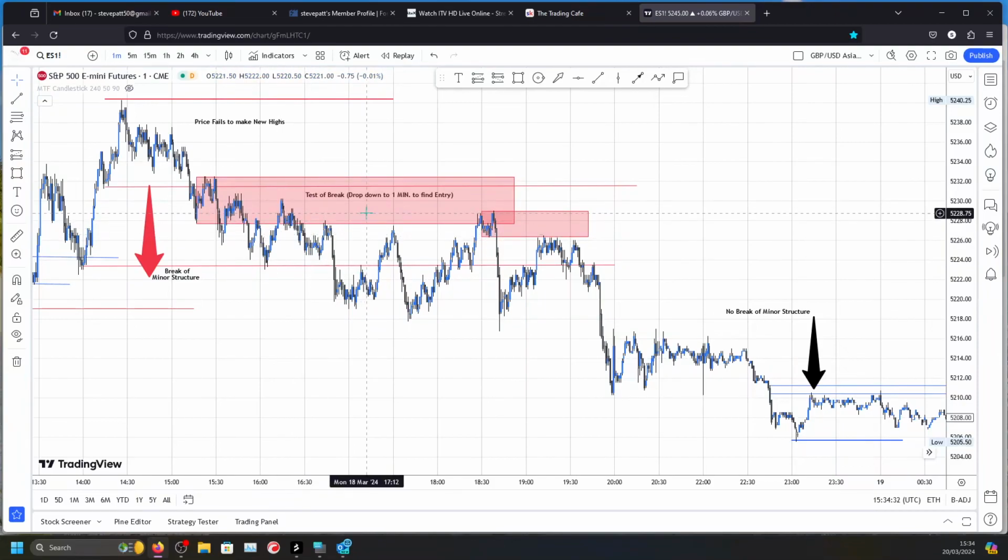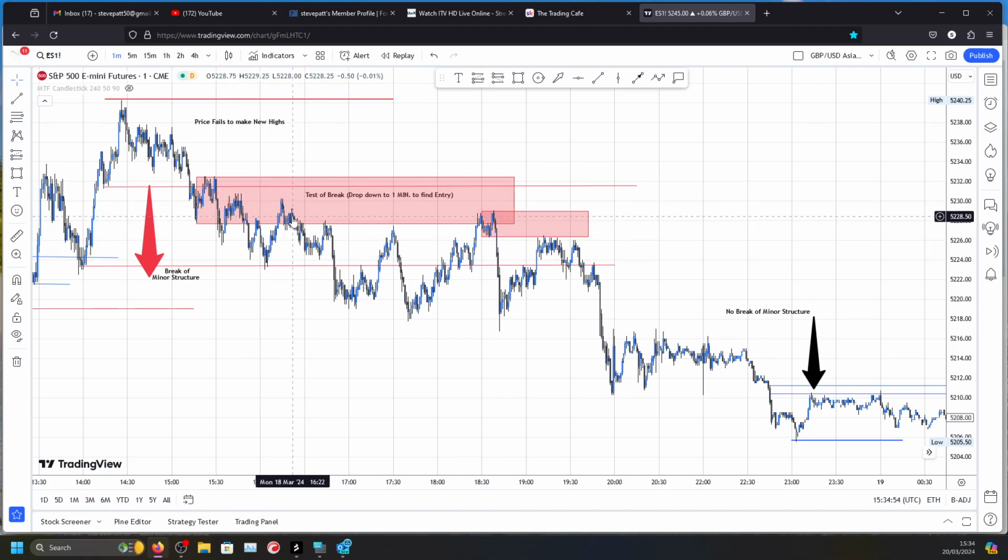So there's various places you could get into a short trade here. Like, I mean, here's the initial break. I mean, you could go in short here, go in short here.